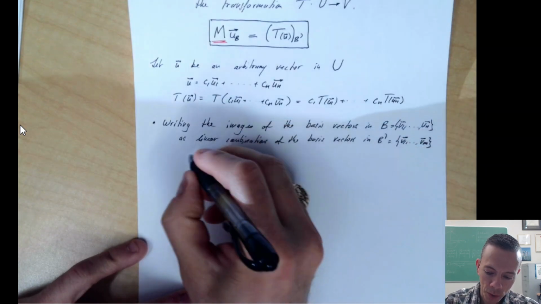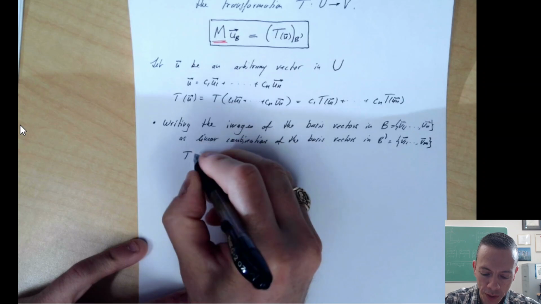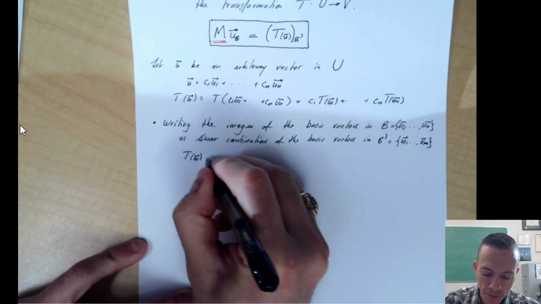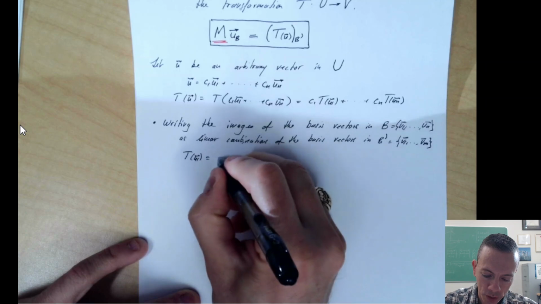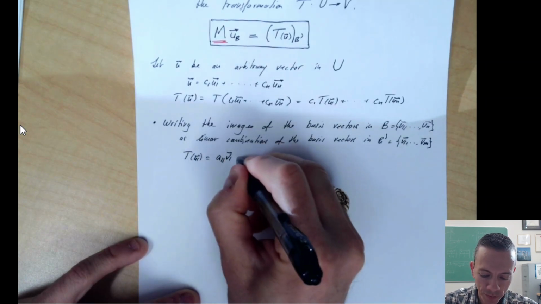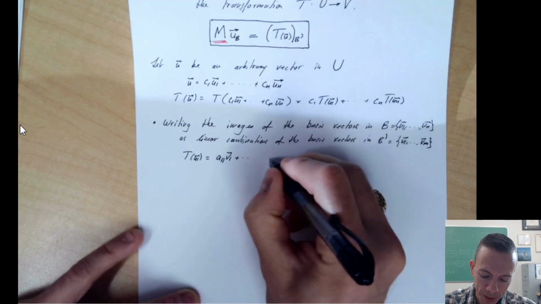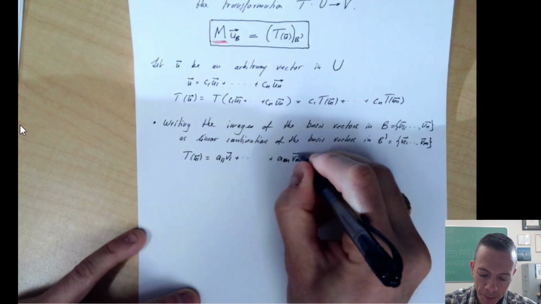So that means that we're going to take the first image of the basis of U, which is T of u1, and break it down into a linear combination of the v's. And so we'll have coefficients a11 v1, etc., plus a1m vm.